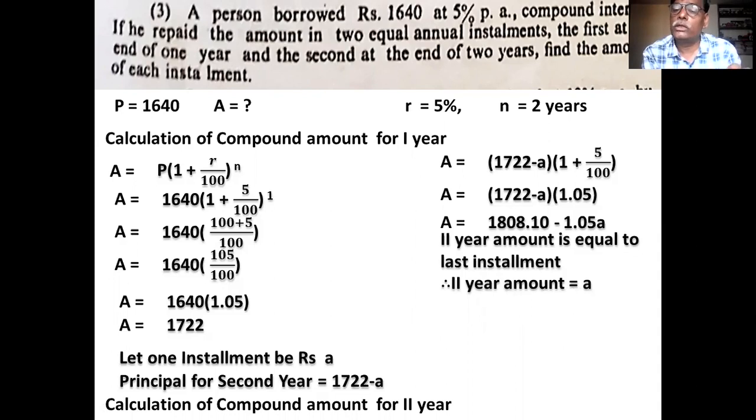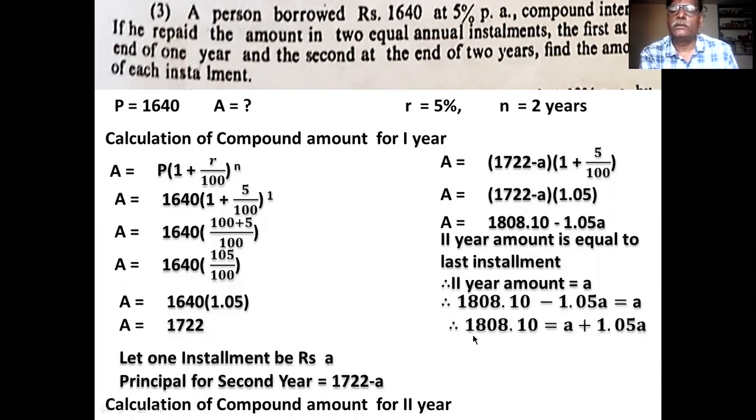So the second year amount 1808.10 minus 1.05A is equal to A. Therefore, you take the 1.05A minus value to the right hand side, it becomes plus. So the next step is 1808.10 is equal to A plus 1.05A.